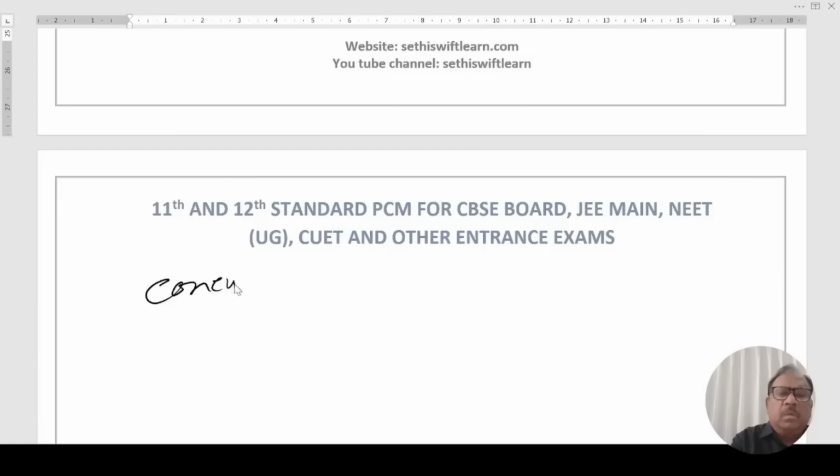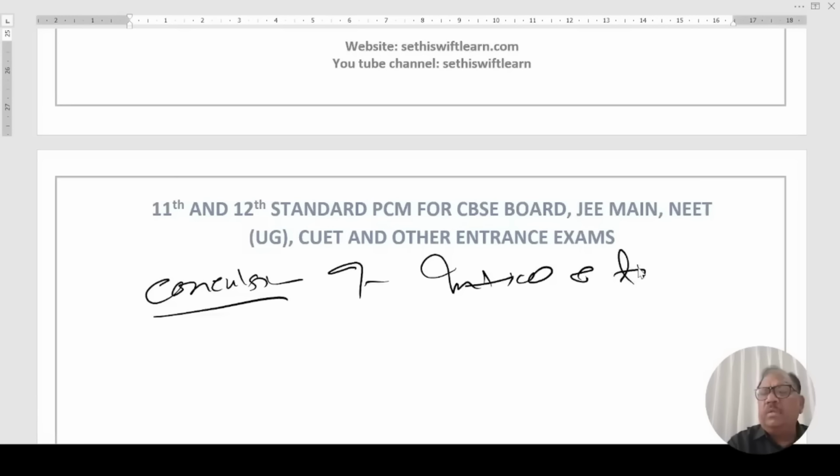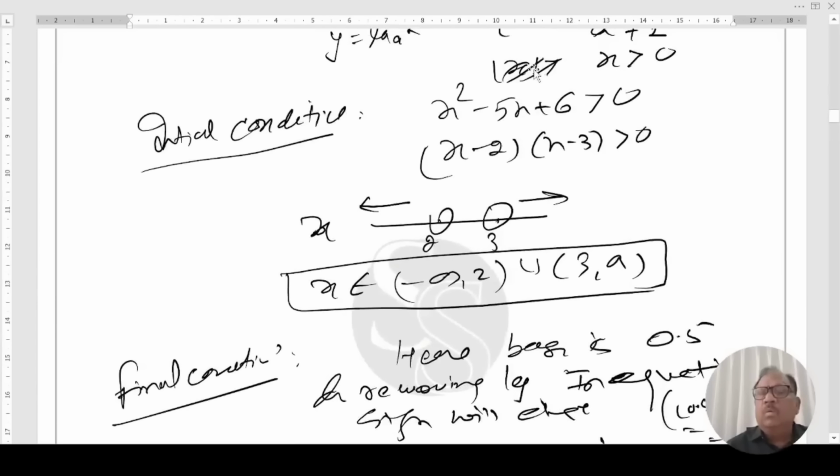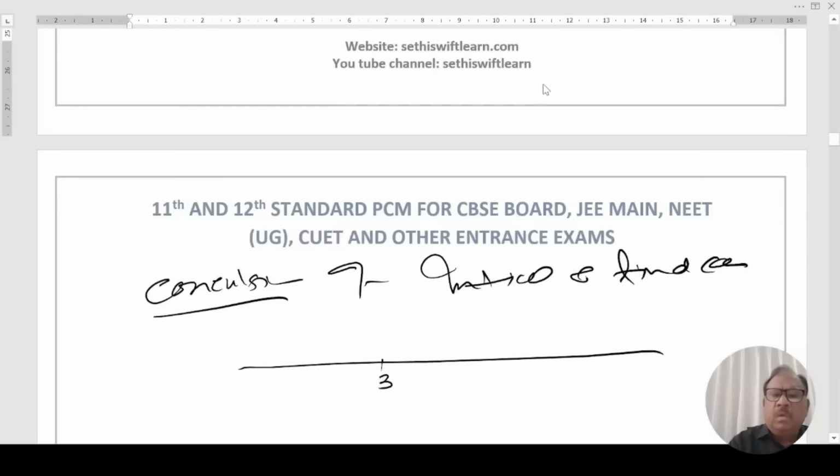Now, conclusion of the initial and final conditions. The initial condition gives 2 to 3, this side goes this side, this side goes this side.